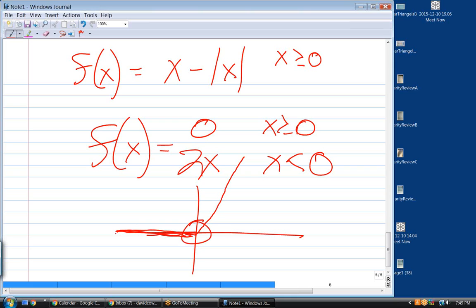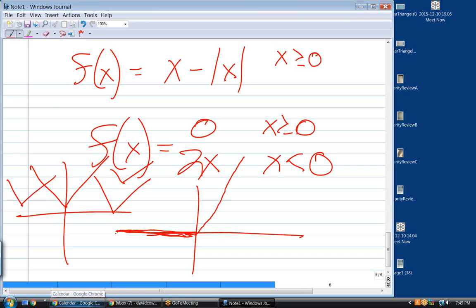Now notice it has that corner right there. And absolute values always have a corner in the graph. Typically, absolute values look something like this, either maybe there or up here or over here, and maybe the v is deeper.